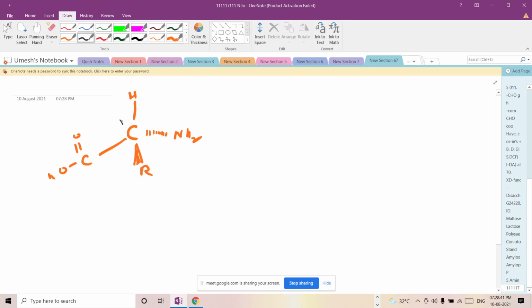You can see this is a chiral carbon atom. And if you make its mirror image, if it is dextro, the other will be levo. These are the two non-superimposable mirror images. These are called a dextro and a levo.